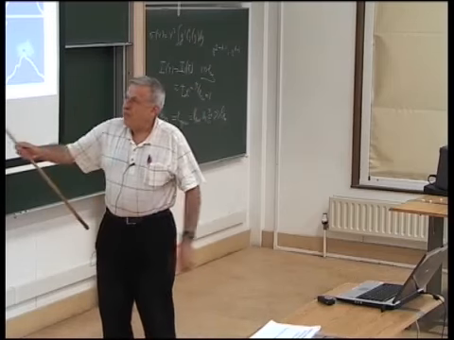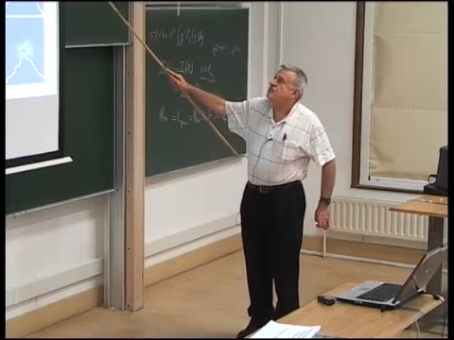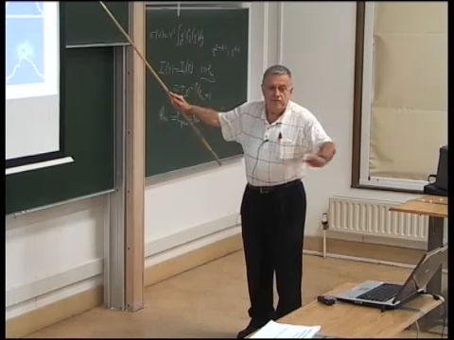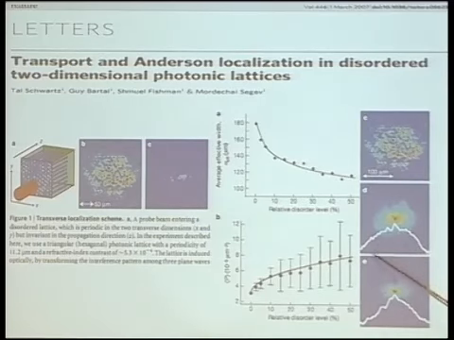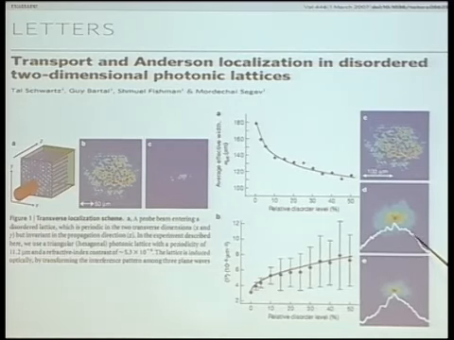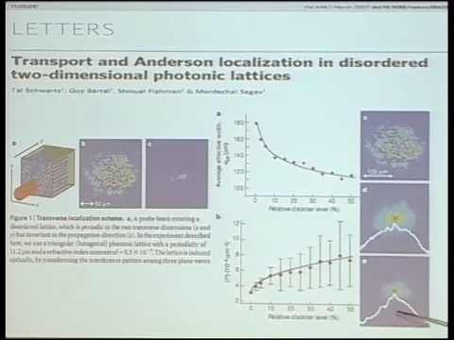So what is found when you change the randomness here: this is the pure situation, so you have ballistic spreading. Here you have basically the case of diffusion, and here you have localization. So this is ordered, weak randomness, strong randomness.